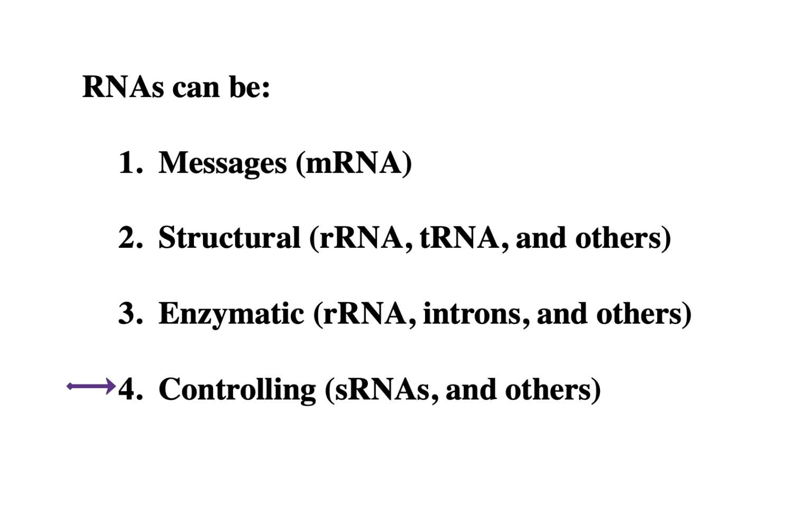And then they can also be controlling. So those small RNAs and microRNAs, those can control expression in a variety of ways, actually, to determine when or if a particular mRNA or a batch of RNAs are ever translated.